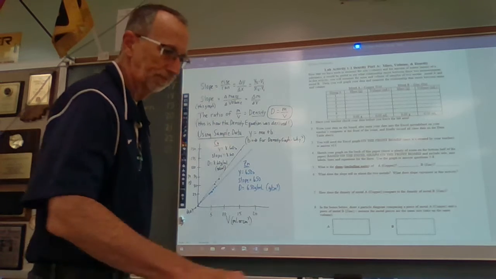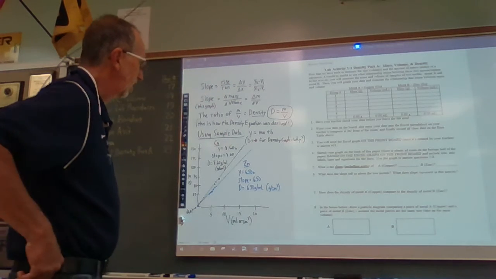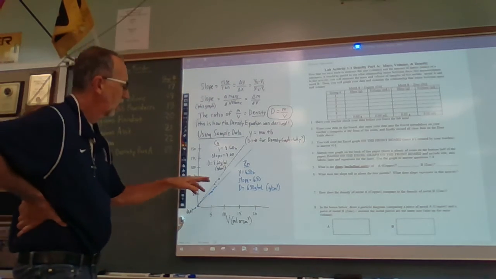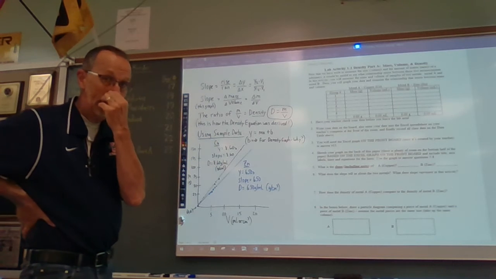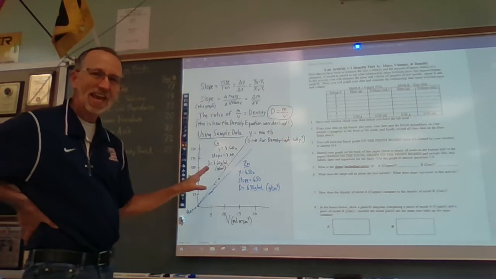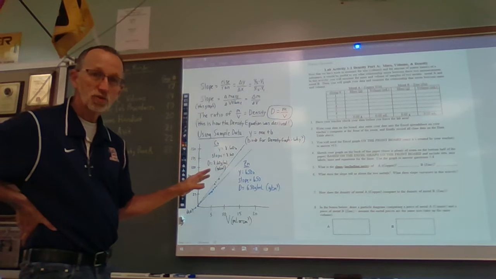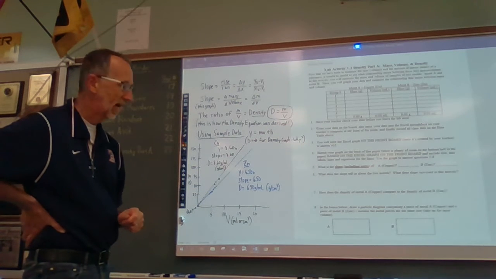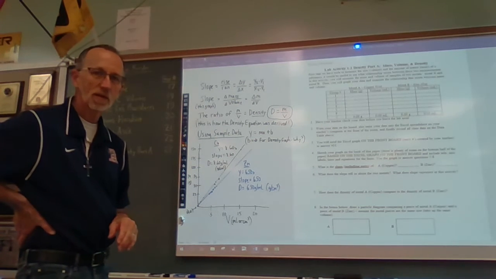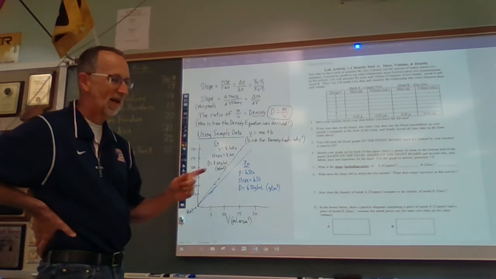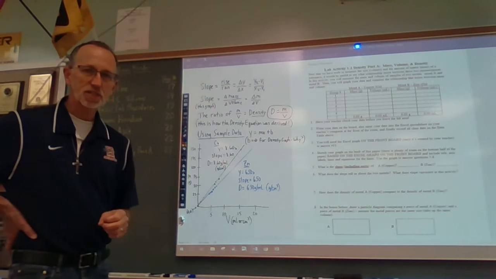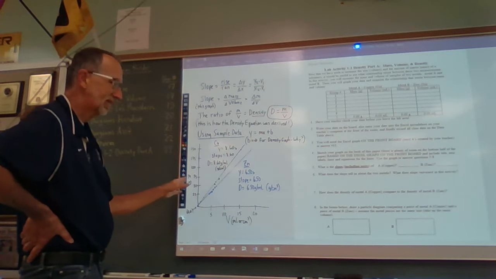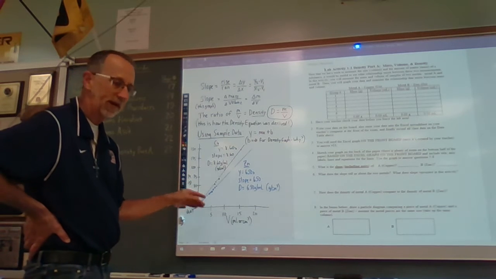Okay, so what I did, using our sample data here, was hand draw the graph. And of course, I don't have graph paper up here, so like I said, it's not nearly as good a graph as the one on Excel, but it does the job. So I have mass over here on the y-axis in grams.